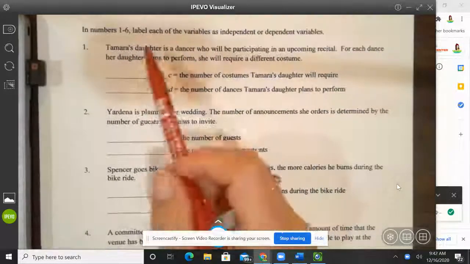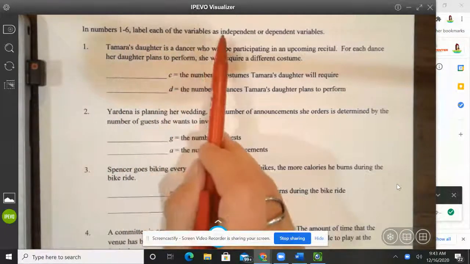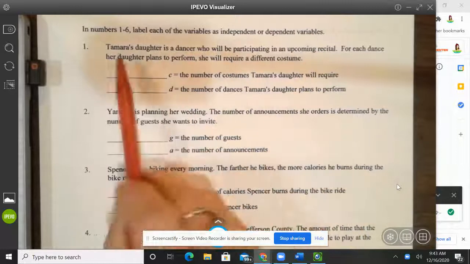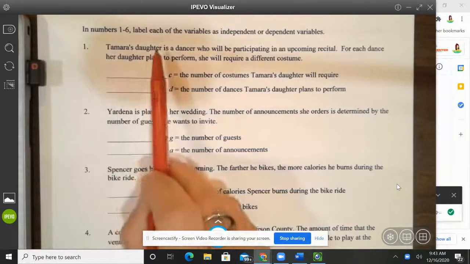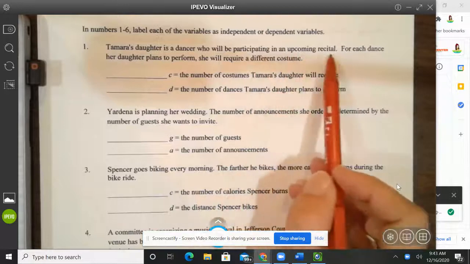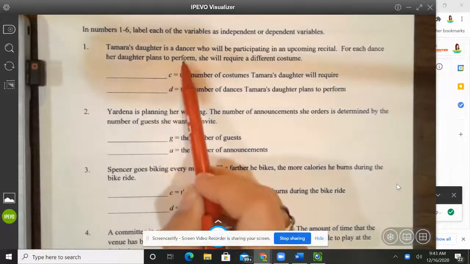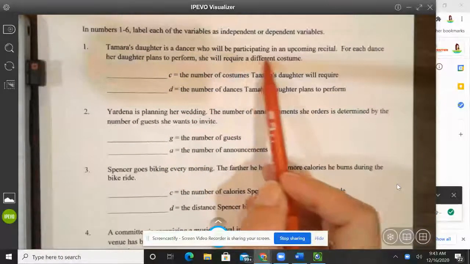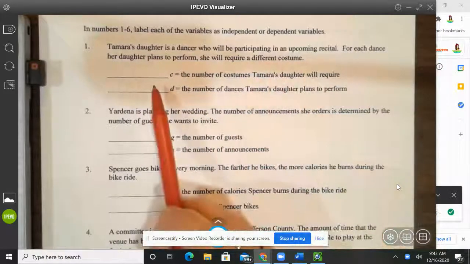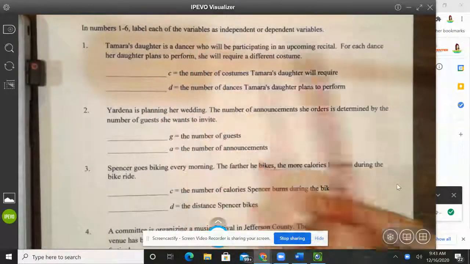All right. It says, label each of the variables as independent or dependent variables. Tamara's daughter is a dancer who will be participating in an upcoming recital. For each dance her daughter plans to perform, she will require a different costume. So we need to think about the big picture. What depends on what?